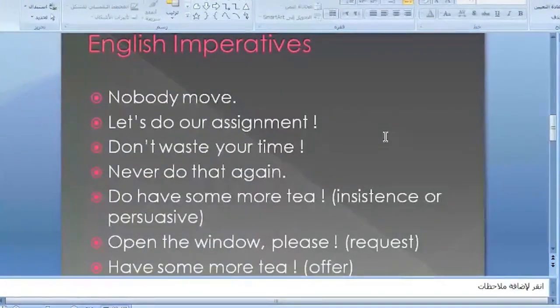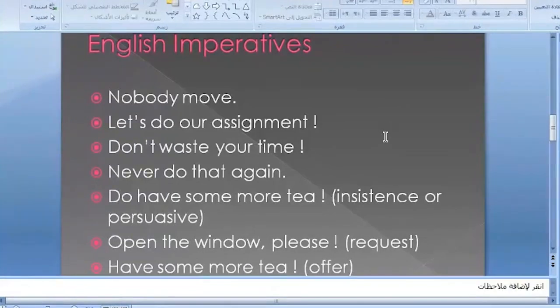There is let us. And if you see this item, which is let's, put into consideration that this command, this order is inclusive. Inclusive يعني شامل, ما يشمل فقط المخاطب. It refers to both the speaker and the listener. I am commanding myself and commanding you to do our assignment.